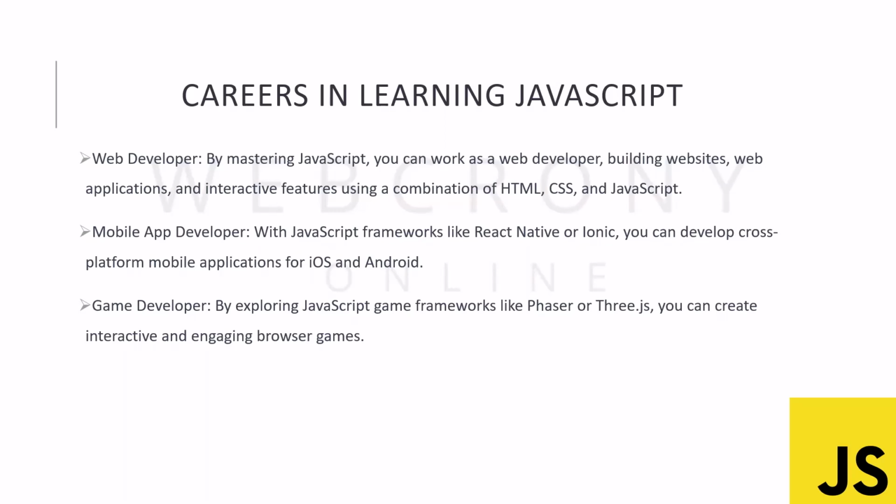With frameworks such as Phaser or Three.js, JavaScript developers can create games that can be played in the browser. There are other frameworks that can enable developers to create games that can be played outside of the browser. You can also become a desktop developer with Electron.js.